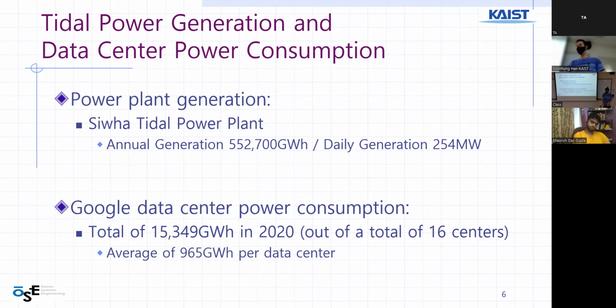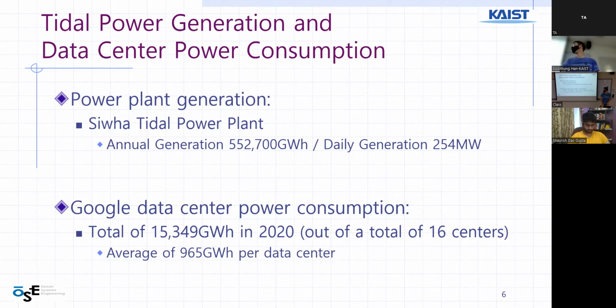And comparing the power generation with the standard consumption, the Google data centers had a total consumption of 15,439 gigawatt hours in 2022 out of the 16 centers.